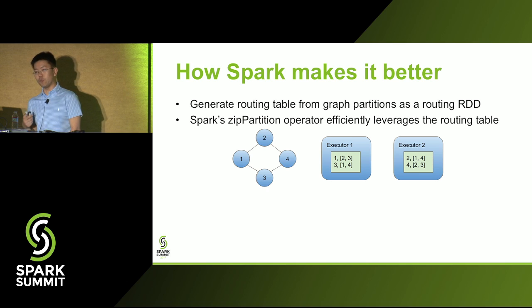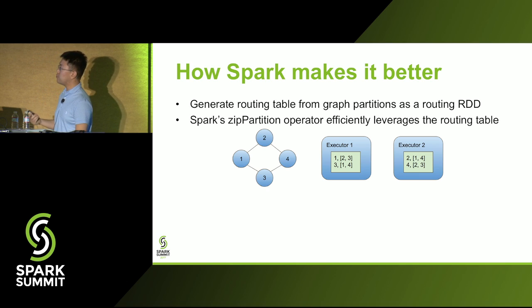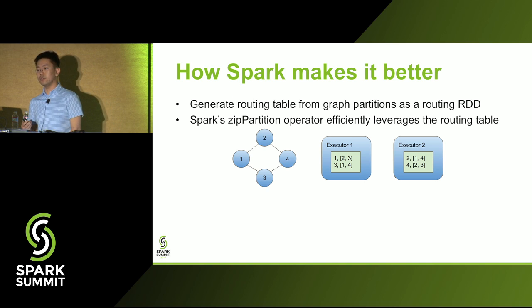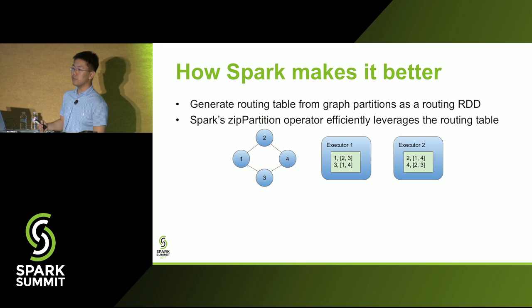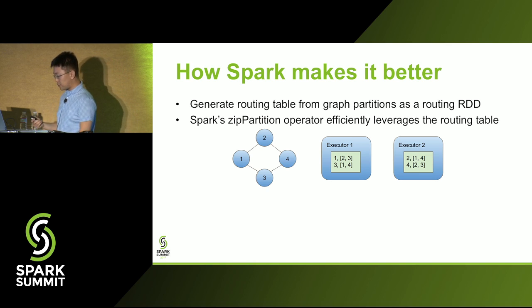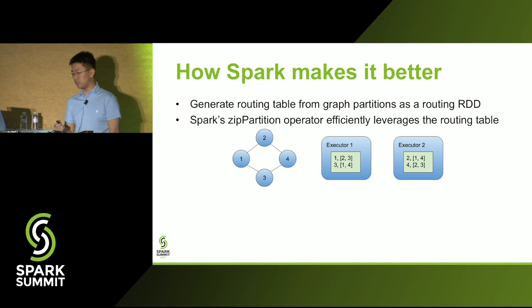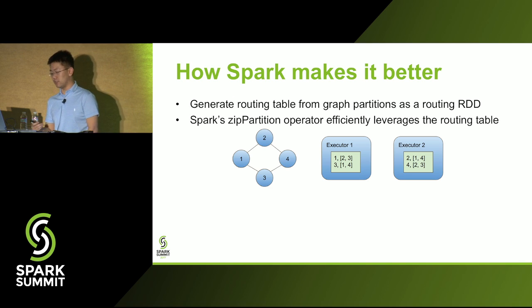In addition, if one RDD is already pre-partitioned and stored on the executors, the zip partition operator will essentially deliver the partitions of the non-persistent RDD to the executors that have the corresponding partition from the persistent RDD. Using this behavior of the zip partition operator, we designed the routing mechanism illustrated in this example.